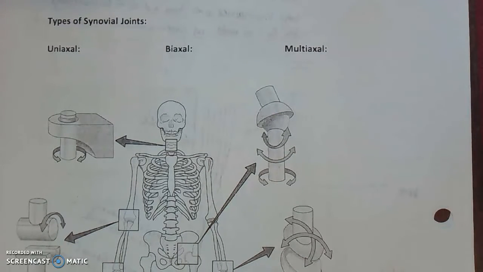So one way that we can categorize synovial joints is based on how many axes of movement we have in a joint. So we have uniaxial, biaxial, and multiaxial. These are fairly easy to look at because of the prefixes.